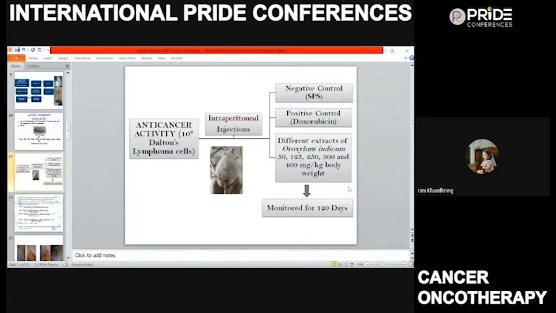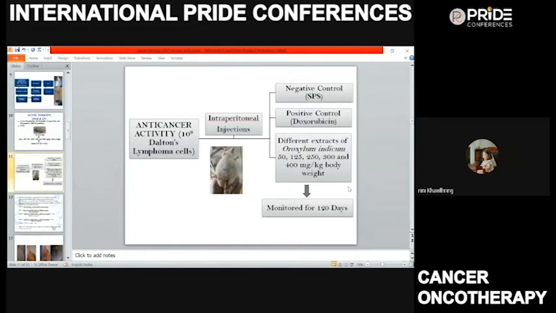The anti-cancer activity was studied on Dalton's lymphoma cells, which were injected into the mice. For this purpose, the mice were grouped into different groups. The first group is the negative control. This group received only the vehicle, normal sterile saline, and doxorubicin was used as a positive control.